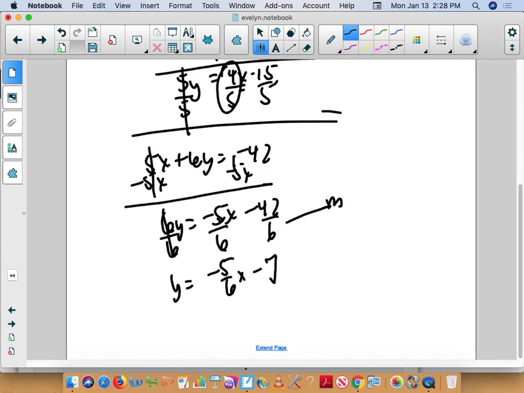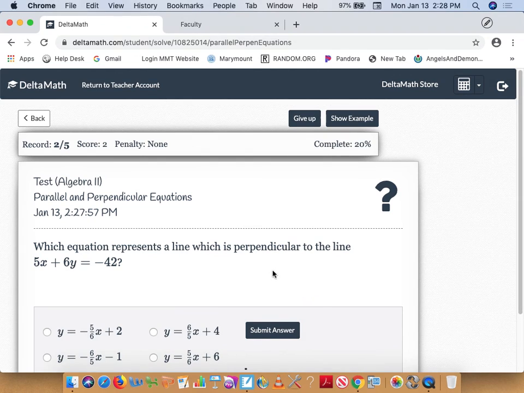The slope is negative 5 over 6. For the perpendicular slope, change it to positive and flip it over. It's complete opposite in every way. Opposite reciprocal is what that is. So I'm looking for something that has 6/5 in it. Oh, and by the way, I didn't read it first before I started.